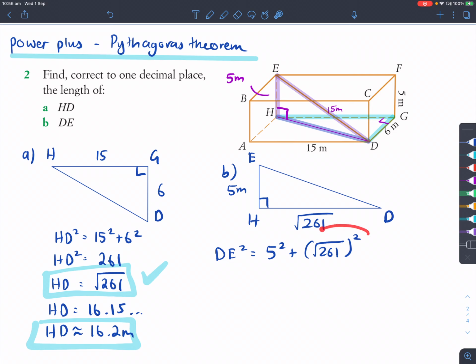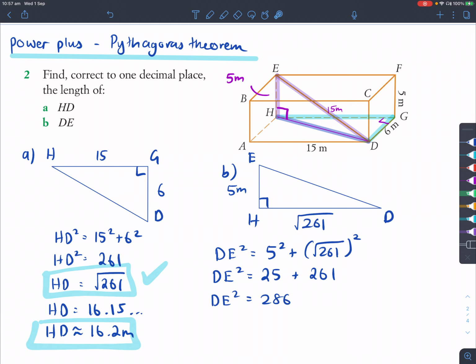If you actually type this on your calculator, you get 261 because these two cancel out. So you just have to read whatever's inside. So if I was to just use my head for this instead of my calculator, 5 squared is just 25. That's 5 times 5. The second bit is 261, as we discussed before. And 25 plus 261 would give us DE squared being 286.